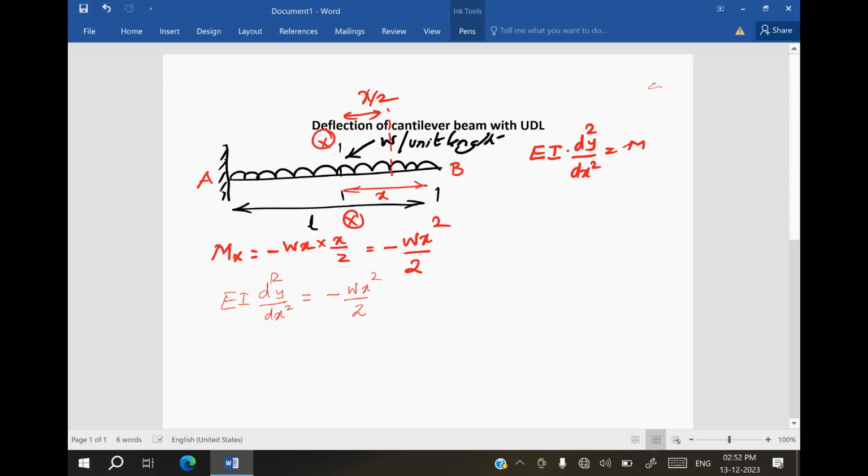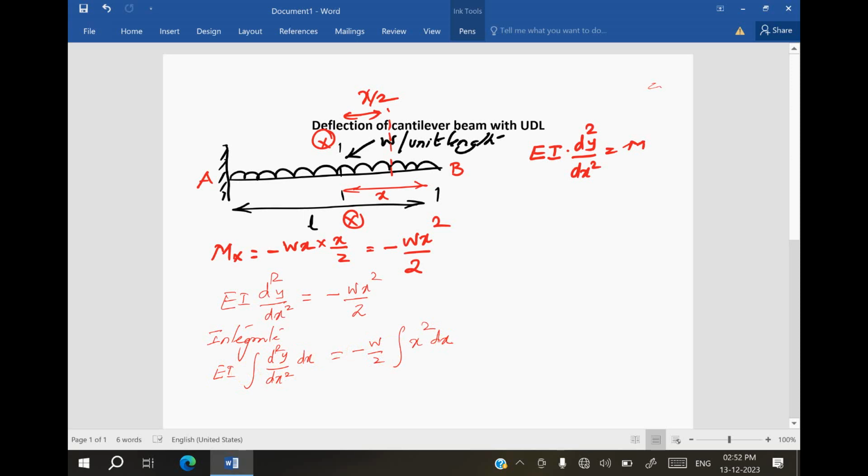This is my first equation. Let me integrate it. As usual, I am going to get EI into integral of d square y by dx square dx is equal to minus w by 2 integral of x square dx.